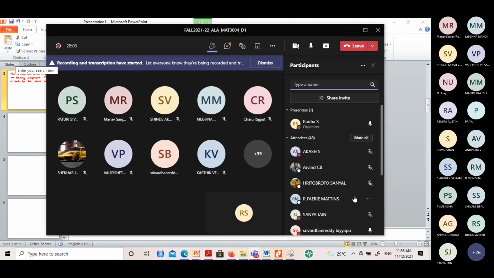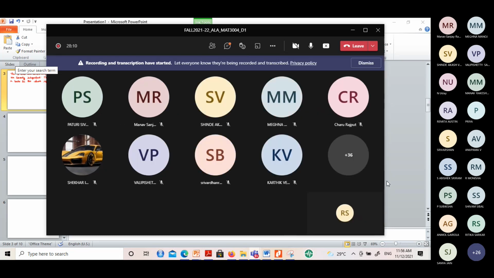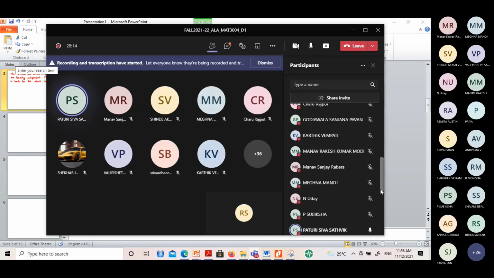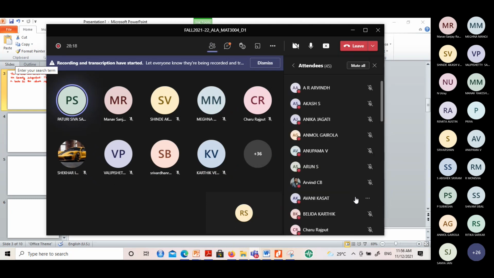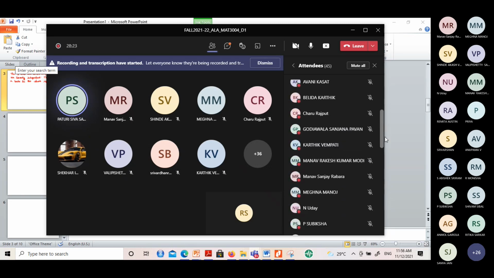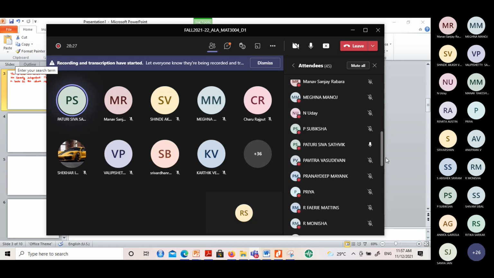What is the procedure you follow? First convert it into orthogonal vectors. Sorry, first I have to convert into an orthonormal Q matrix, then we should find the R matrix. Okay.